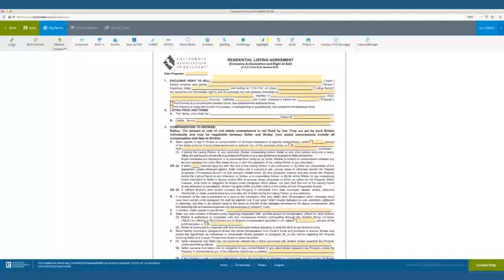So if the seller goes after a buyer because they didn't perform and they get money in those damages, you're owed your compensation from those damages. That's what that says. And then 3C, in addition, seller agrees to pay broker, and it's blank. Now, several offices, Calabasas is one of them.